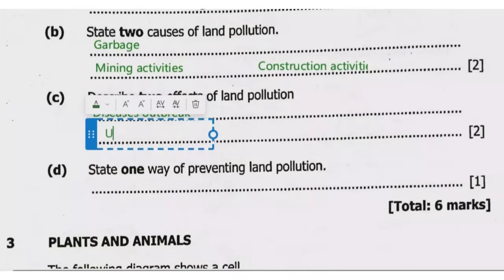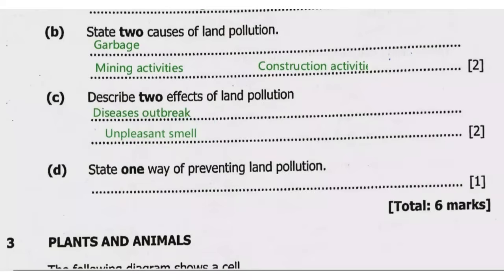There will be an unpleasant smell coming from that area. So if you have polluted land, more especially if it is polluted with fresh things, then they will start producing a bad smell. Okay, that is the other one.